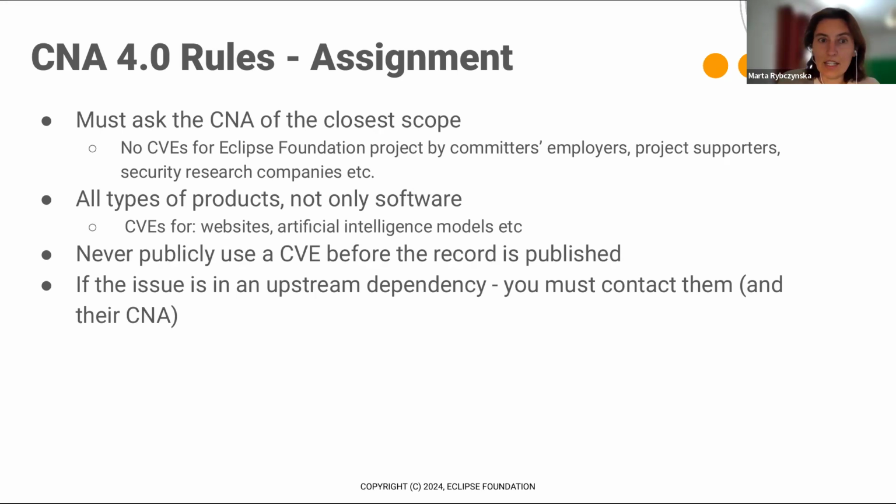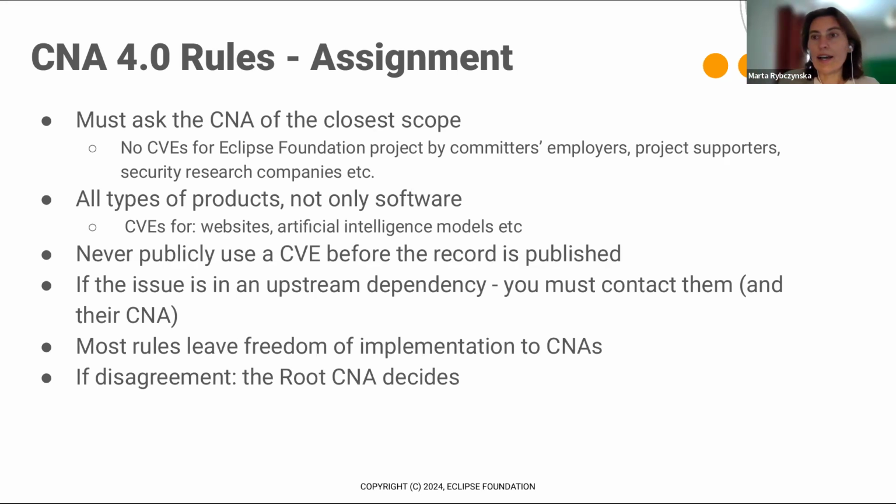And then they clarify one thing. If when researching that vulnerability you figure out that the issue is actually in some upstream dependency, some other project, be it an Eclipse project or not, it doesn't matter, you must contact that project and the CNA about this issue.